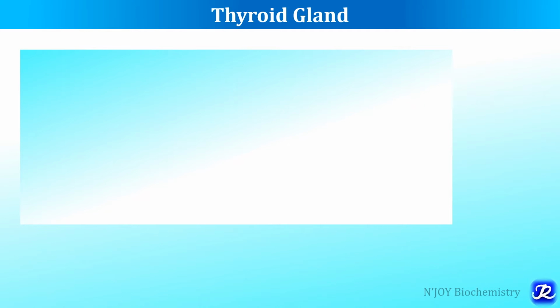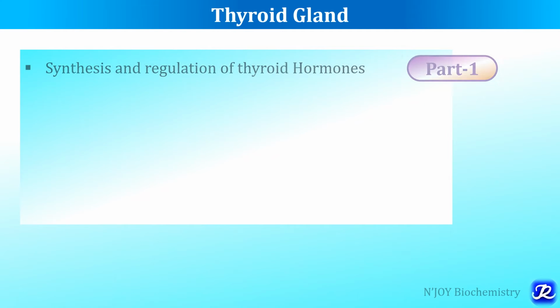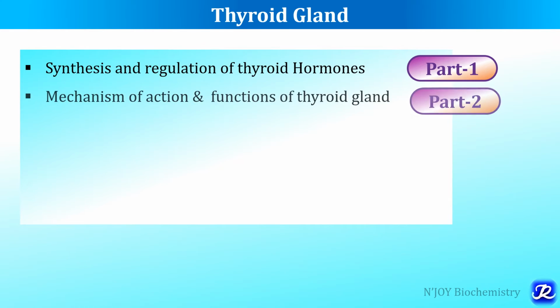In the video lecture series on thyroid gland, in part 1 we have studied about synthesis, secretion and regulation of thyroid hormones. Then in the second part, mechanism of action and various functions of thyroid gland have been explained.